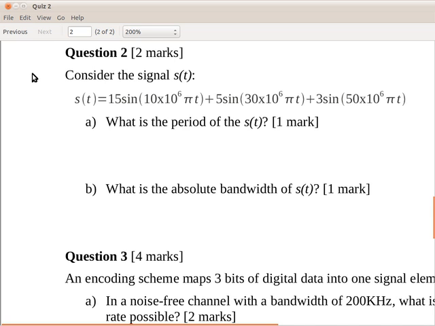What's the absolute bandwidth? Anyone have an answer to either part A or part B?